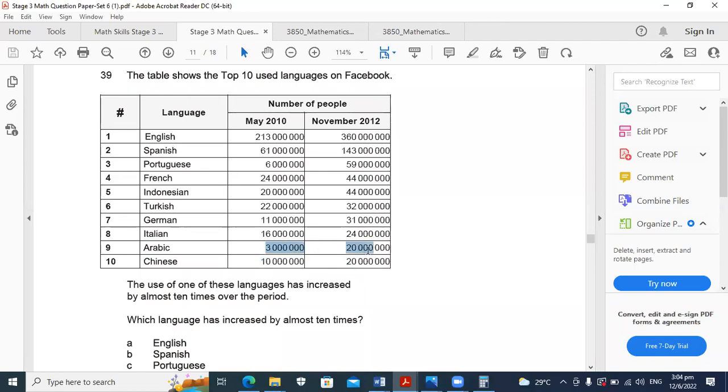Could it be that? Right. 16 and 16 is 32. Couldn't be that. 11 and 11. All right, tell you what. Let me tell you the best thing to do. Write down the difference. So the difference here is 20 million.